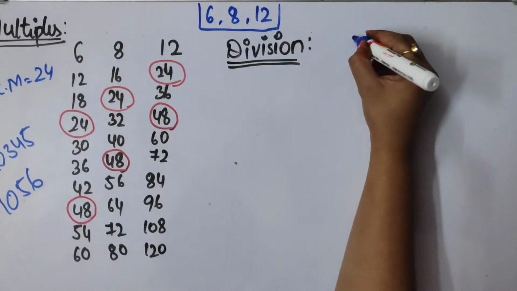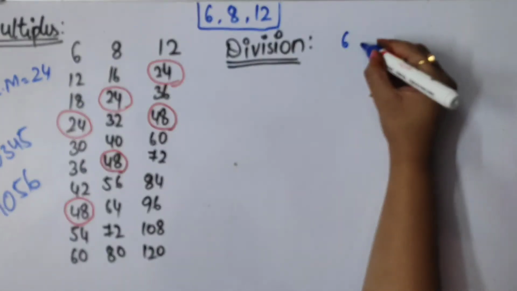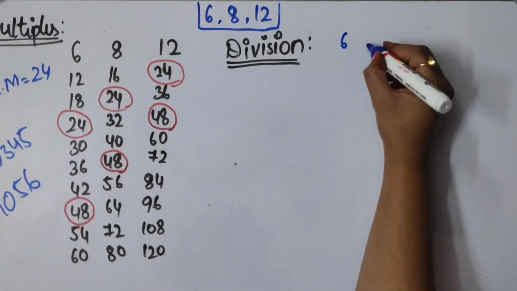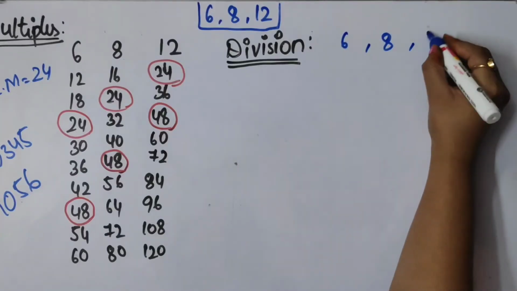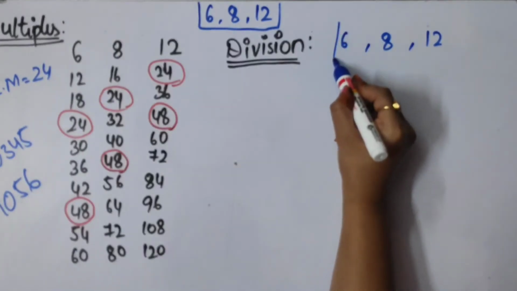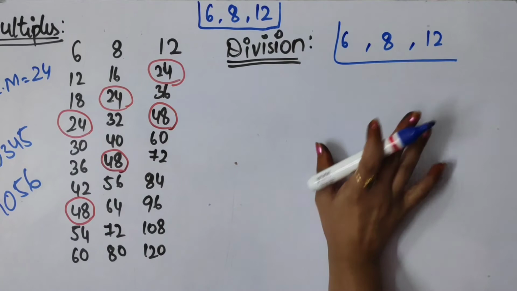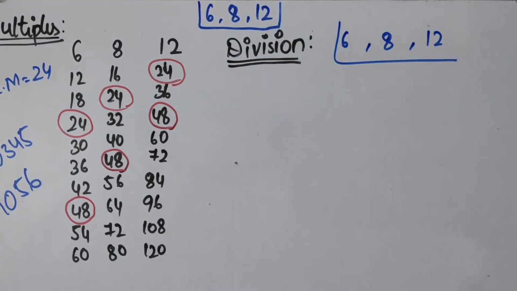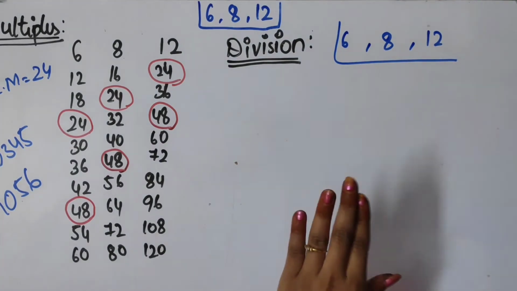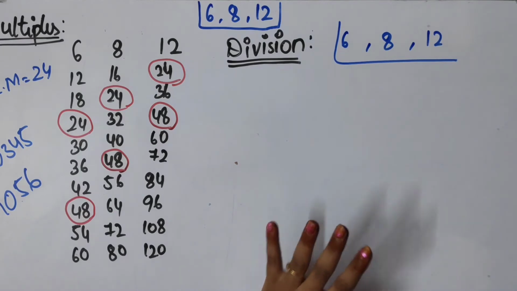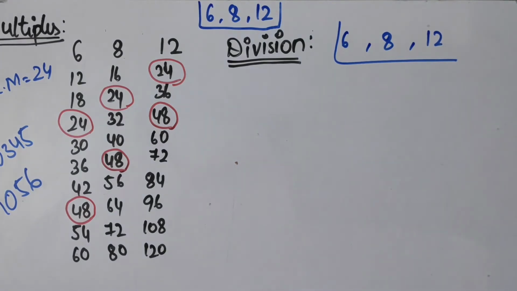So I'm going to take 6, 8 and 12. For doing this, we need to divide these numbers by a whole number, and the answer should also be a whole number. So while doing this, we need to check the numbers from the start, whether they are divisible or not.